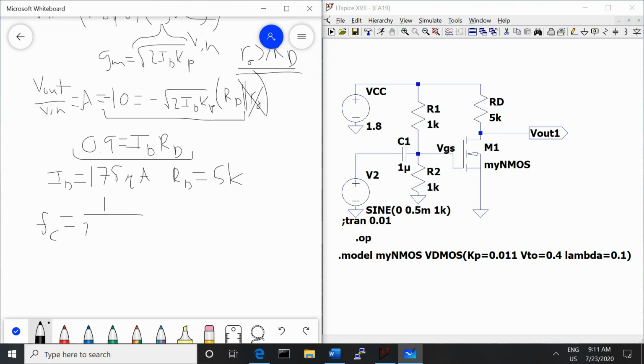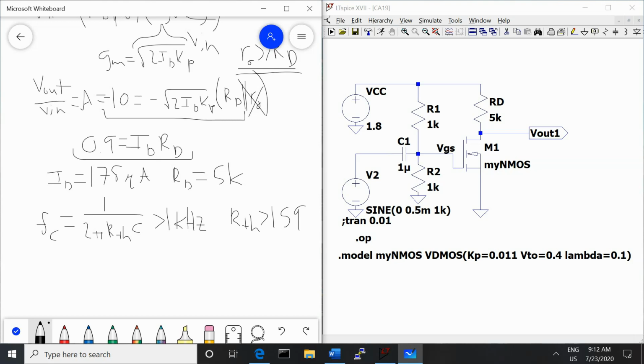So the corner frequency equation is 1 over 2 pi R Thevenin times C, and C is 1 microfarad, and we want this corner frequency to be lower than 1 kilohertz. So we can solve that for R Thevenin, and we get that R Thevenin has to be greater than 159.